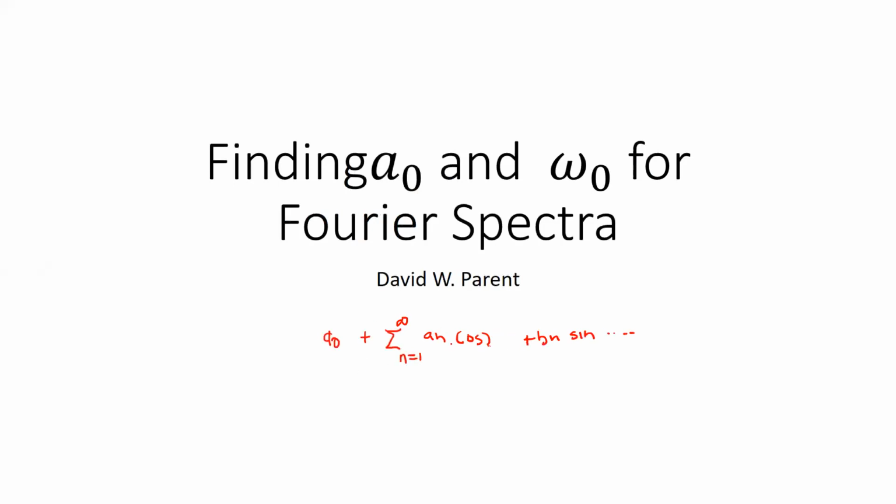That cosine and sine are n omega naught t. So finding omega naught and finding A naught is actually almost the most important part. Once you do that, and you can do it by eye.